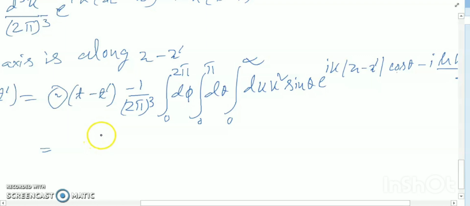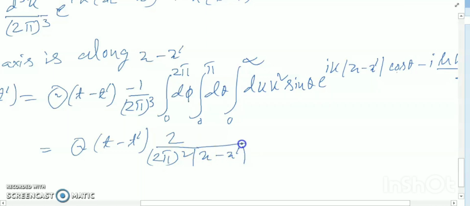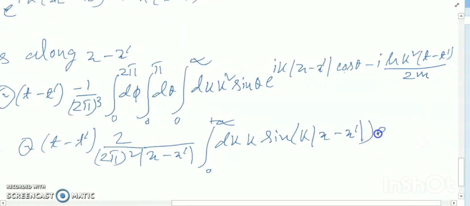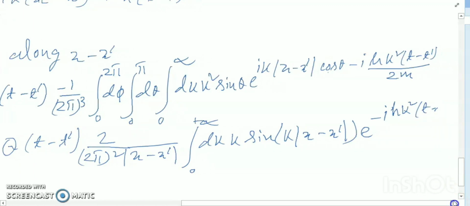Integrating over phi and theta, we get capital theta (t minus t dash), 2 divided by (2 pi) whole square mod of (x minus x dash), integral 0 to plus infinity dk k sine k mod of (x minus x dash) into e to the power minus i h k square (t minus t dash) divided by 2m.